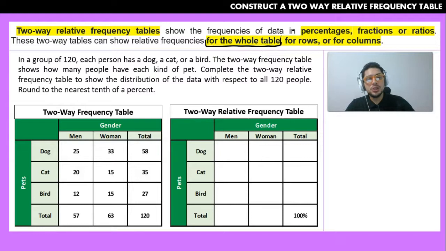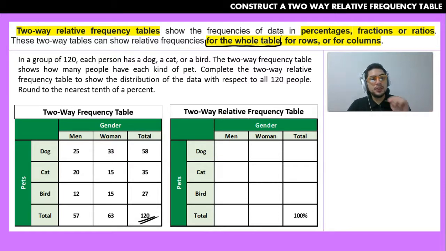Because we're going to use the total of 120 people as our reference, right? So what can we do to do that? So we're going to divide each one of the quantities by 120 because 120 is the total and we're going to get a percentage, right?